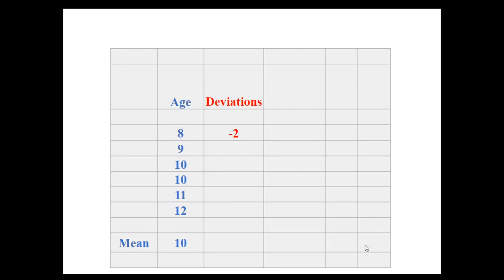We just subtract the mean from the raw score and we get -2. But there's a second way, a shortcut that you can use a lot. You might want to try it. Just subtract the smaller number from the larger number to get the distance. In this case, you could subtract 8 from 10, which gives 2. Now, 2 is not the correct answer because 2 is positive, and we know the correct answer is negative.